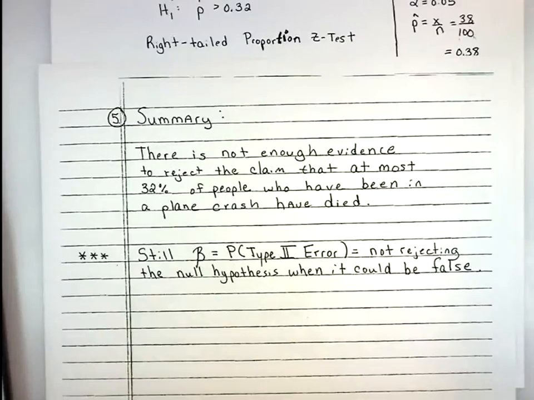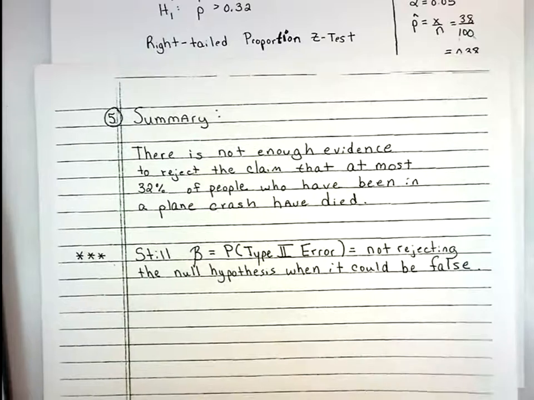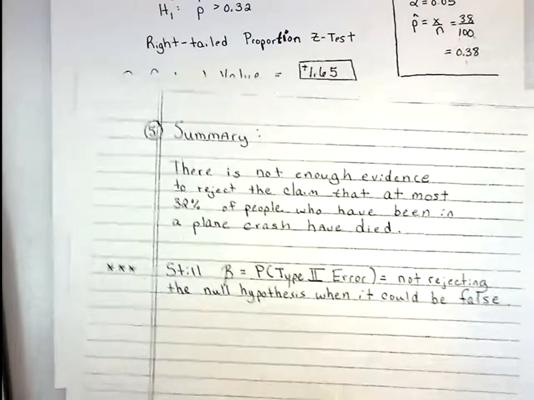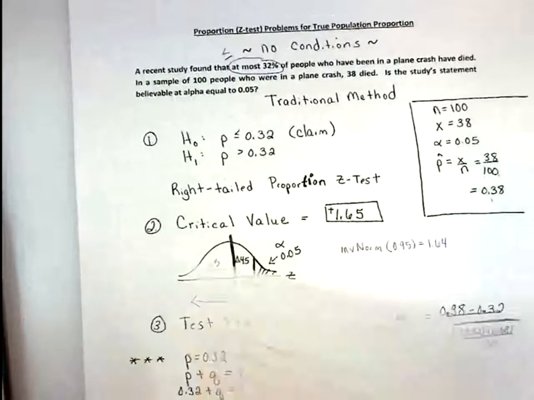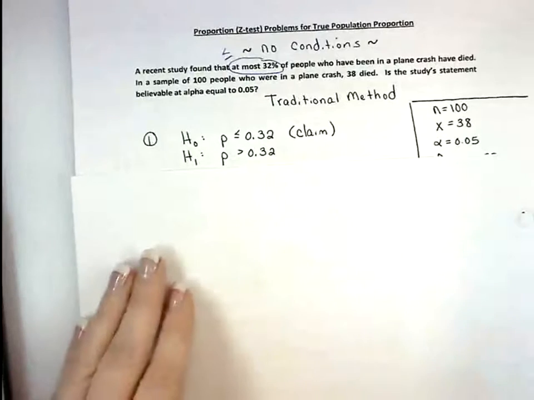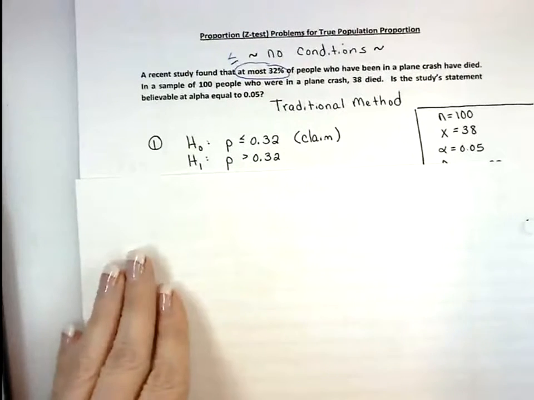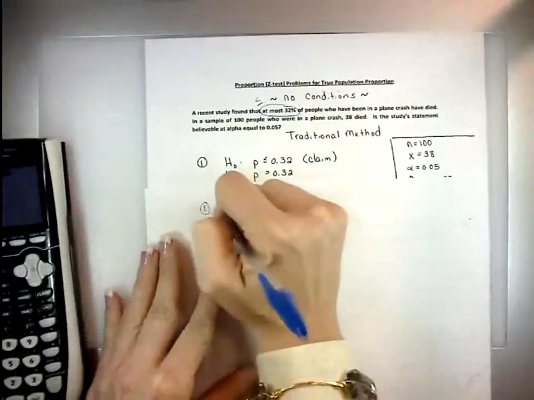And the p-value method for this problem I would like to show you, if it is possible. It may not be possible. What we would have to do, and let me remove this. This is actually not in your lecture notes, so we'll see if it's possible. With the p-value method for this same problem, the first step is the same.